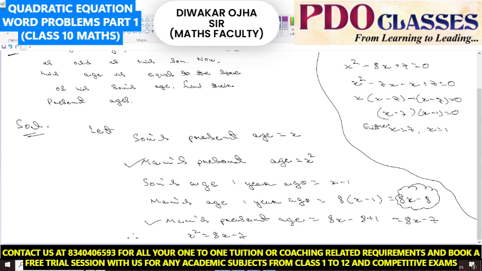No. Why? Because if we go 1 year back, the son's age 1 year back will be 0, and then the man's age will be 8 times 0, which is also 0. That doesn't make any sense. So x equal to 1 is not possible.